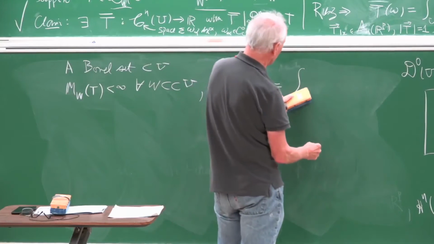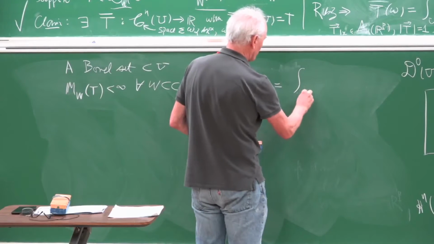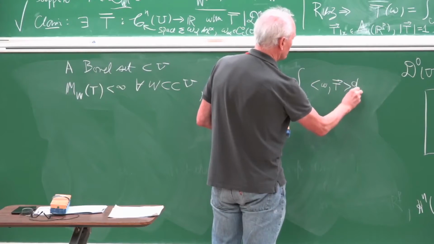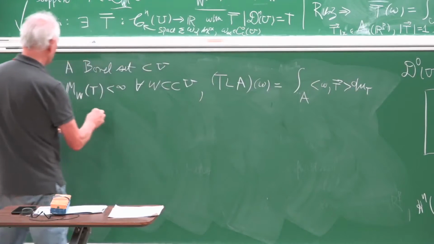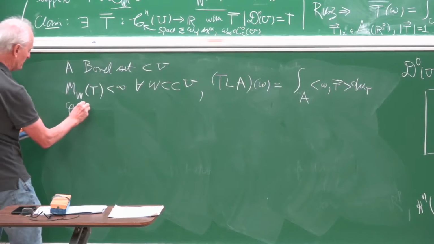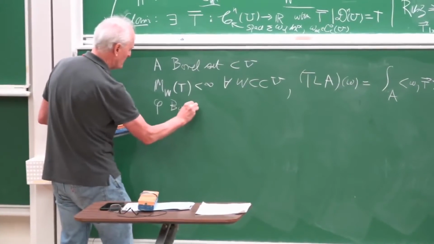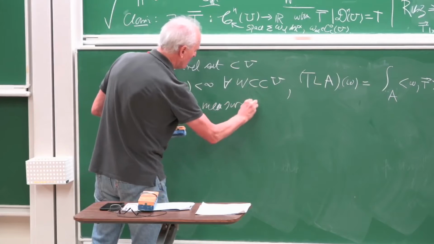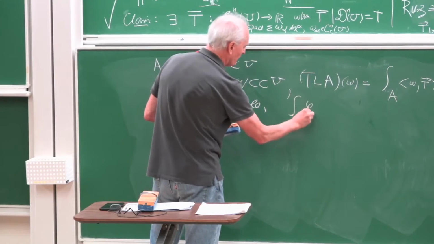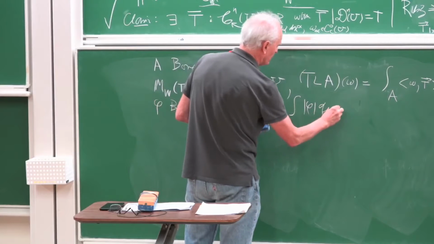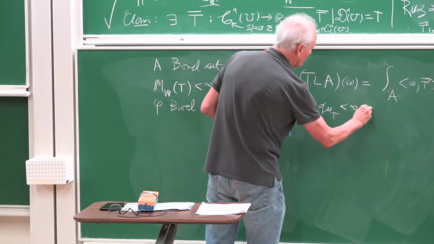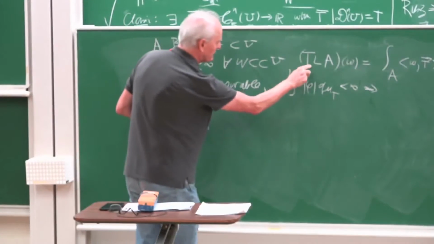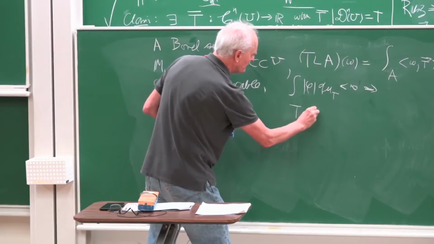Then this is simply the integral over A of omega T arrow d mu T. And more generally, if phi is a Borel measurable function, and the integral of mod phi d mu T is finite, then you can talk about restricting T to phi.